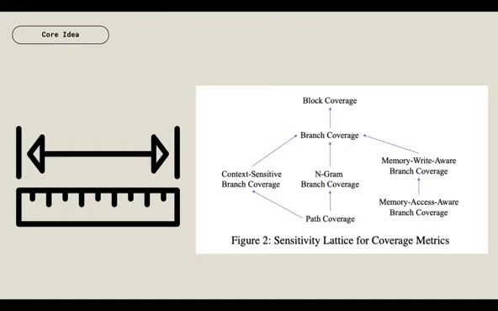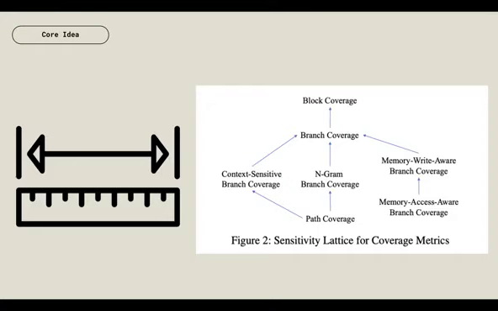The authors argue that these two properties interact in important ways. If a metric is too sparse, the fuzzer might stop making progress because it doesn't observe new coverage. On the other hand, if a metric is too sensitive, the fuzzer may become quickly overwhelmed with signals that really don't do much in helping guide exploration. So understanding this trade-off is key to understanding the paper.